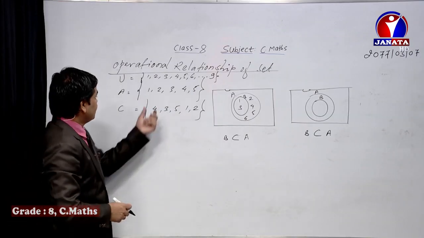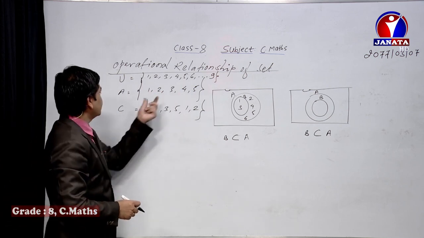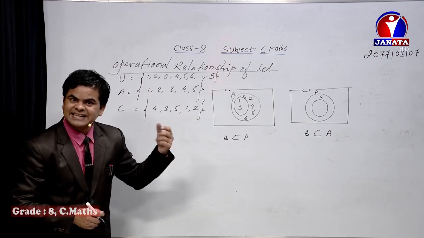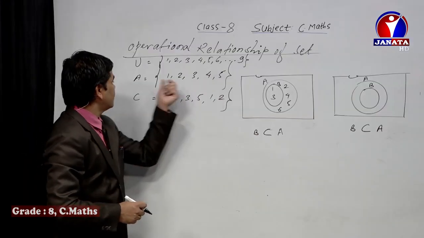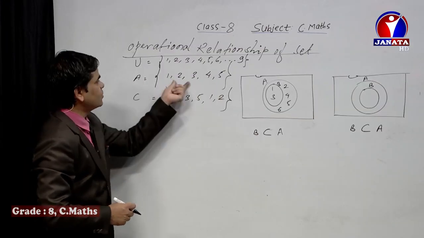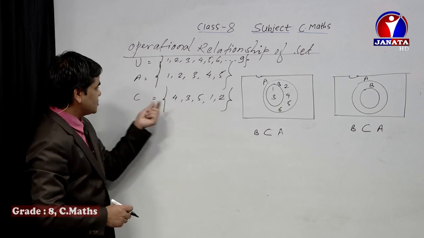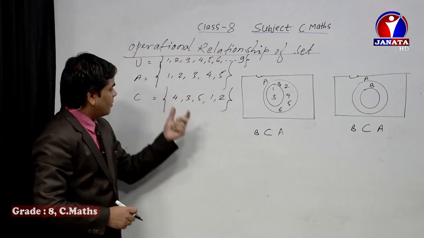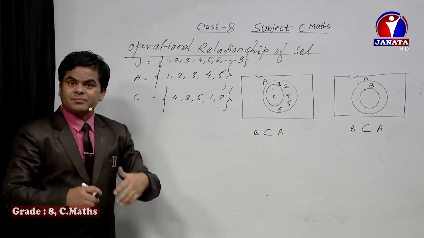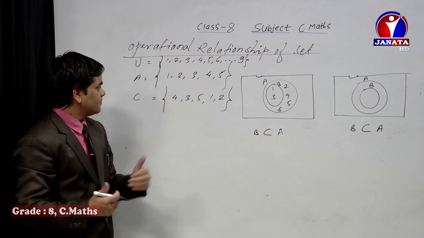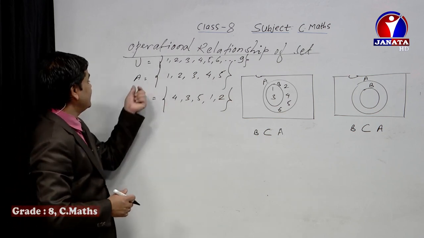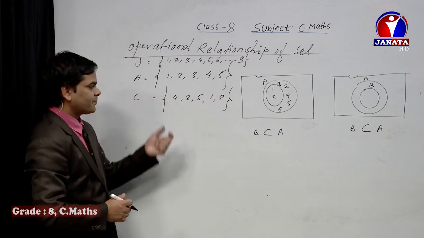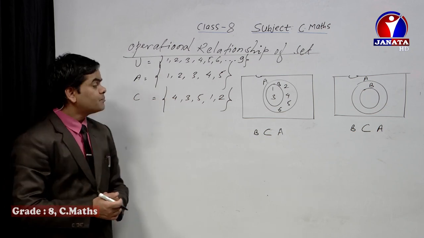Dear friends, look here. They are improper to each other. The relationship between set A and set C is improper because there is an equal number of elements, cardinality-wise also n(A) equals 5 and n(C) equals 5. Although those elements are kept in different positions, the same elements are found. So the relationship between the A and C sets is improper subset.